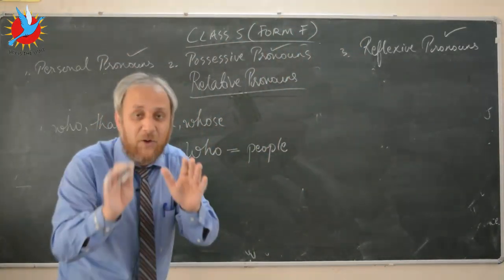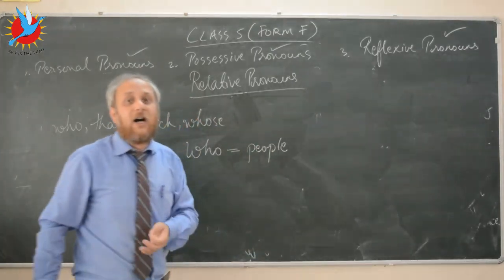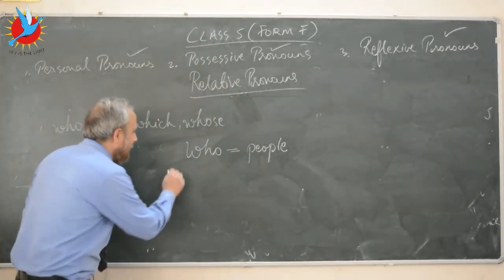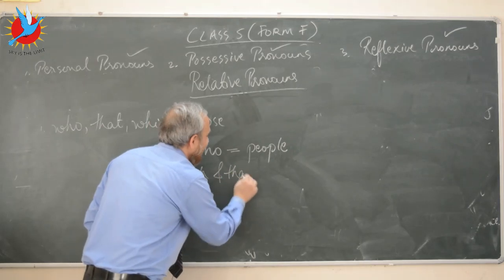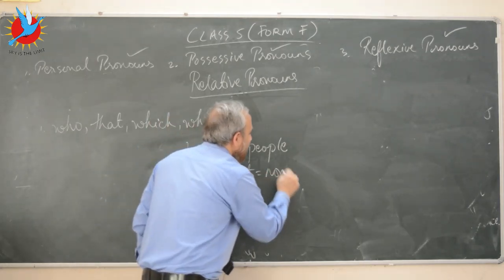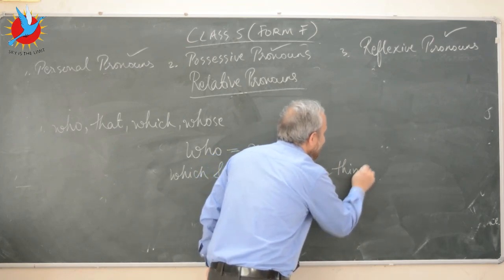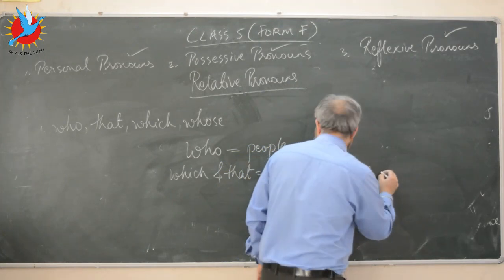As of now, since you're small kids, just remember that the relative pronoun who is used for people, and which and that are used for non-living things, and sometimes for animals as well.